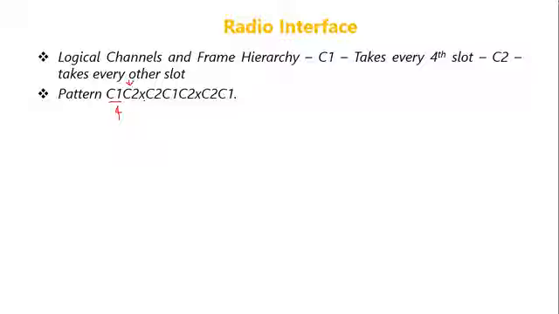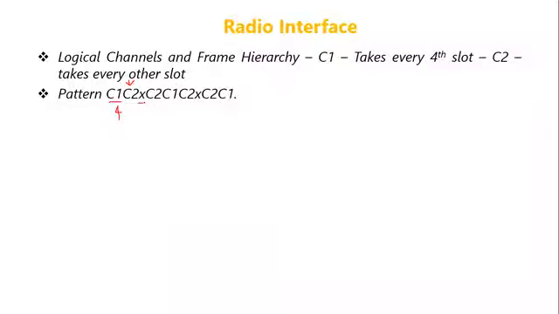And the next slot will not be C1, because C1 will be every fourth slot. Currently it is fourth, so the eighth slot will be the next C1. The next slot will not be C2 also, because C2 will be every other slot. So the next slot is some X.